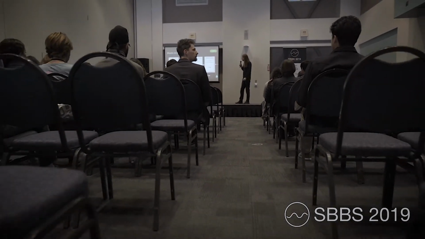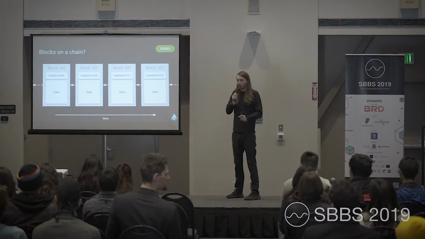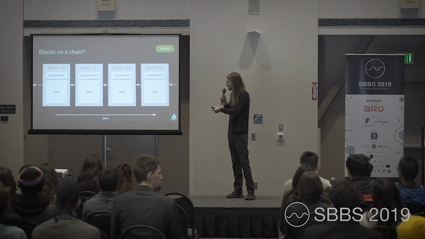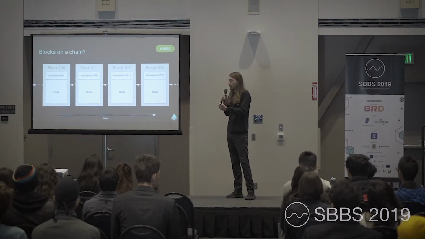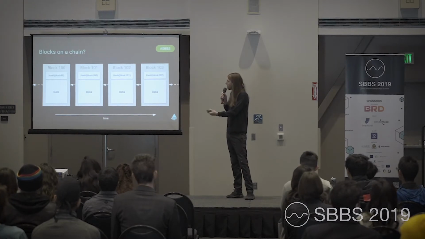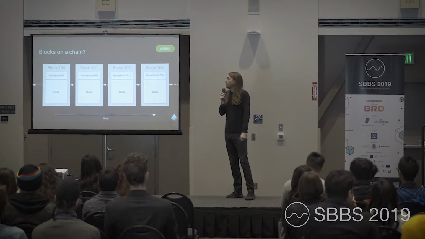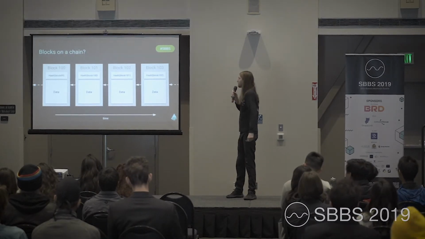So here we're starting at block 100, and block 100 has a reference to the previous block, block 99. Because we have a good hash function, we have this identifier that is unique to block 99. The next block builds on top of that, has a unique identifier to block 100, and so on. And this grows over time.